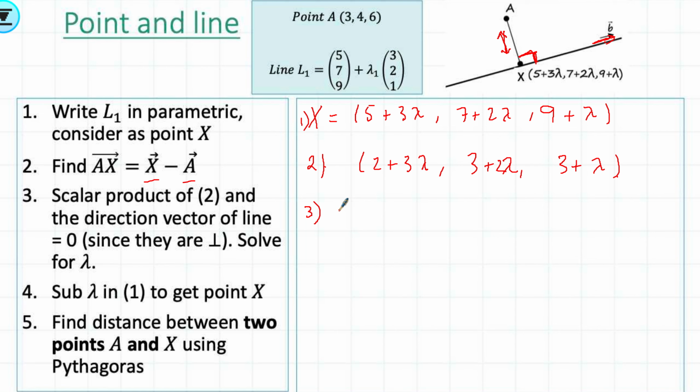So I will substitute the coordinates. This is the direction vector.